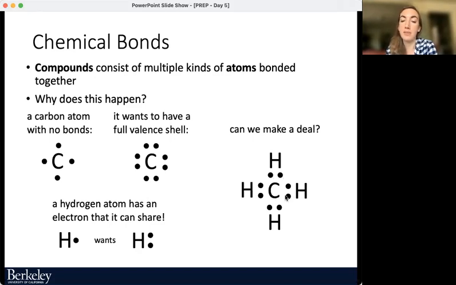So that's 8 valence electrons total, and now everybody's happy. Carbon has 8 electrons around it, and each of these hydrogen atoms has 2 electrons. So this is a happy molecule. Does anybody have any questions about why this happened or who's happy, who's unhappy?